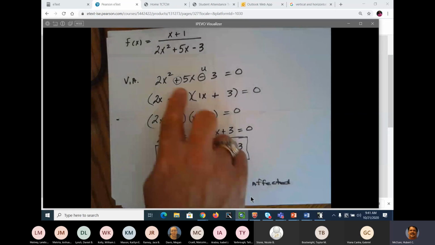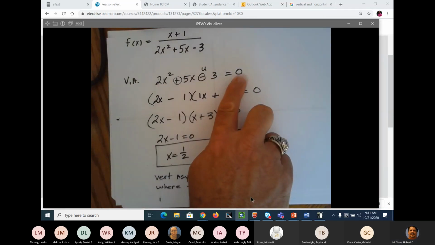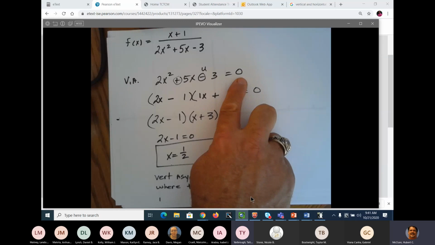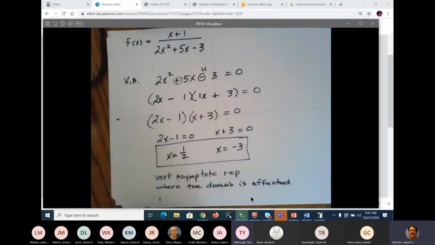Can y'all hear me? Somebody say yes if you can hear me. I'm just typing out. Okay. You just psyched out or what? Does anybody have any guess what happens when you plug in 1/2 and -3 into this function? What did we set the denominator equal to? Zero. Thank you. So if I set the denominator equal to 0, then what's going to happen when I plug 1/2 and -3 into the denominator?